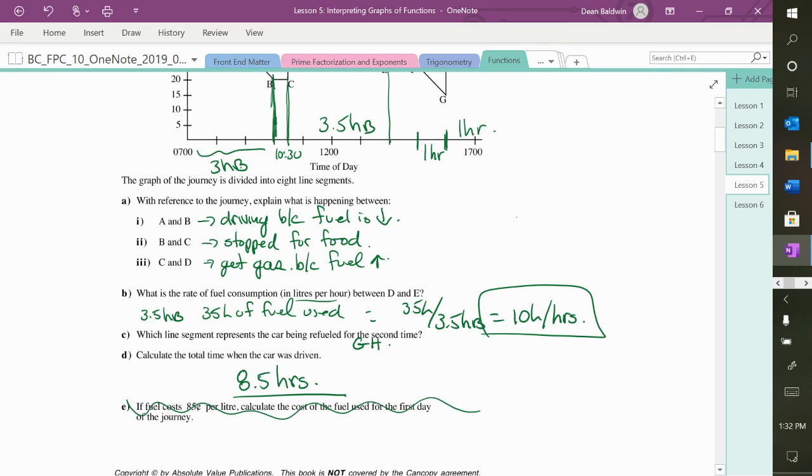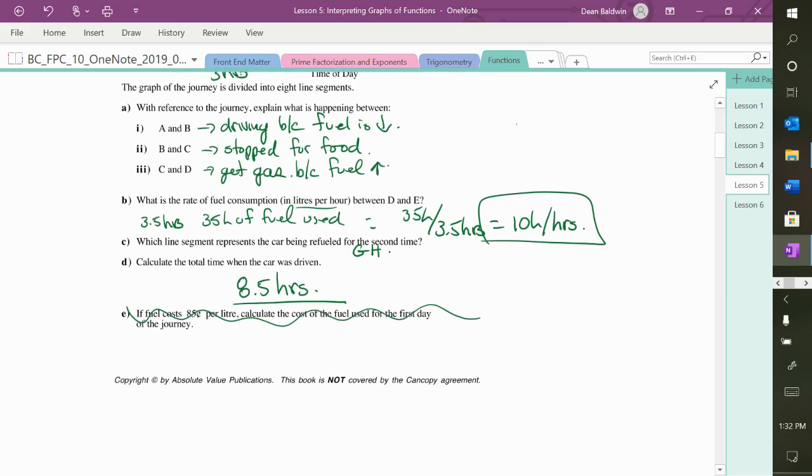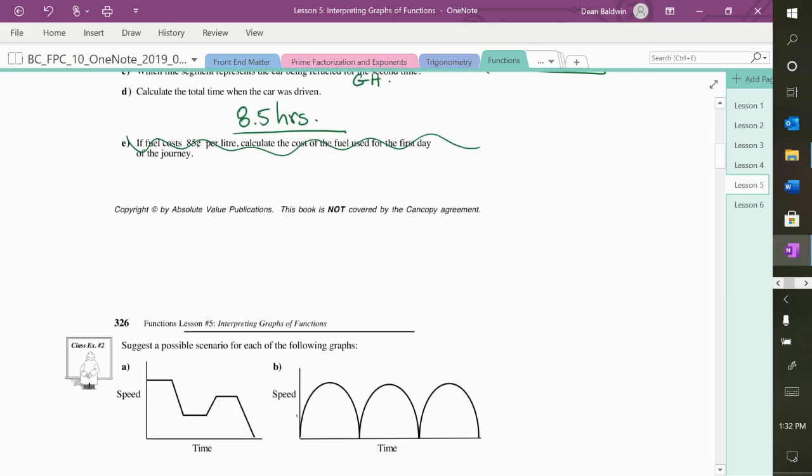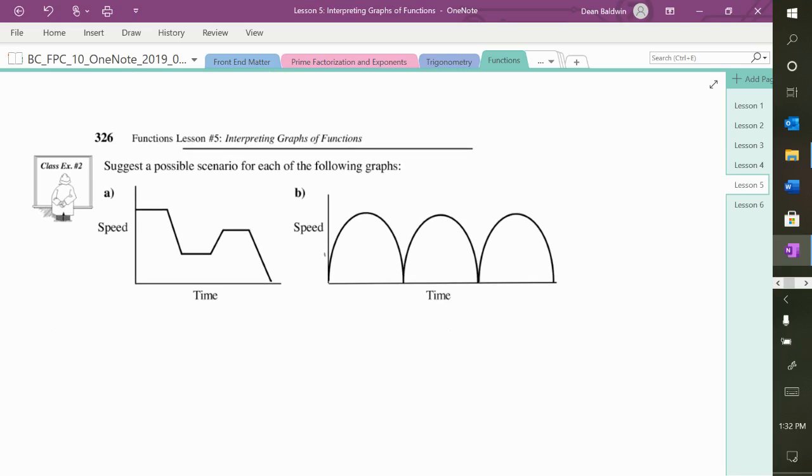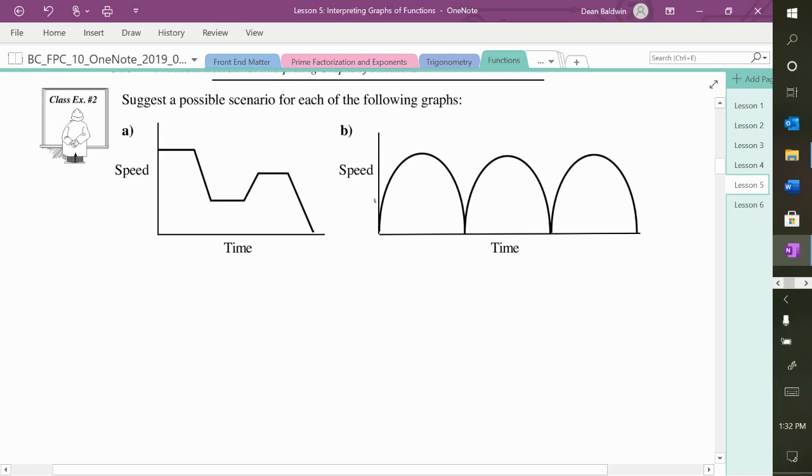Flip the page, please, once you've got that copy down. We're going to describe what is happening here. Who rides a bike? Keen, this is you.